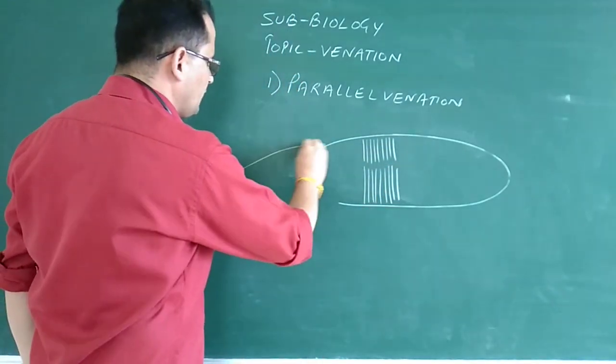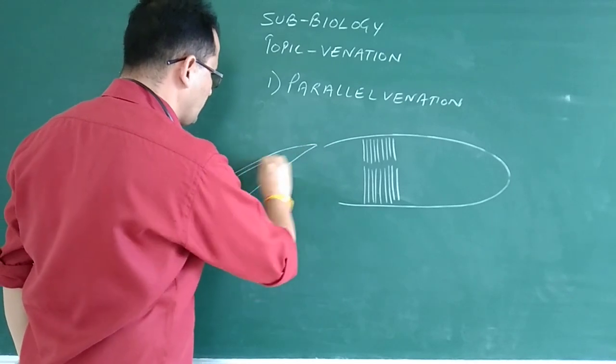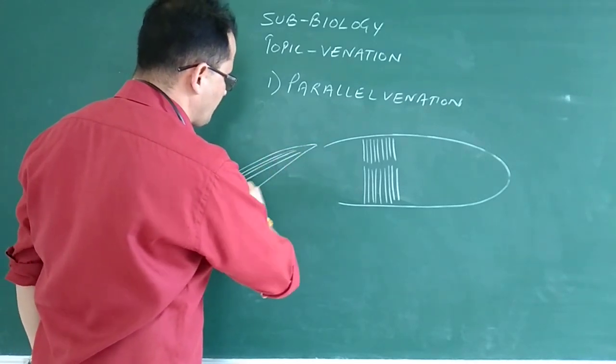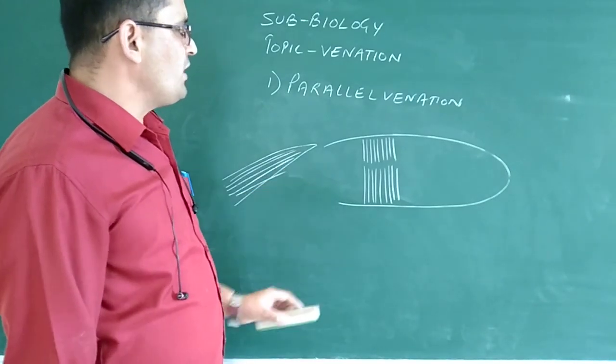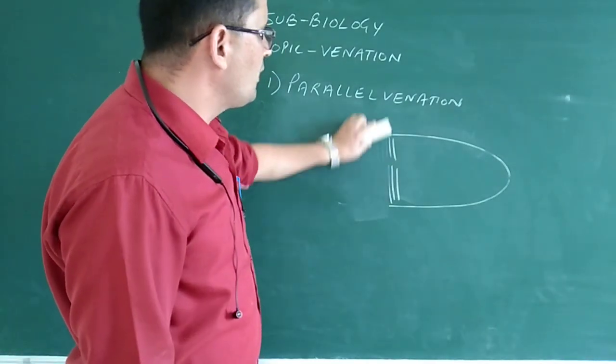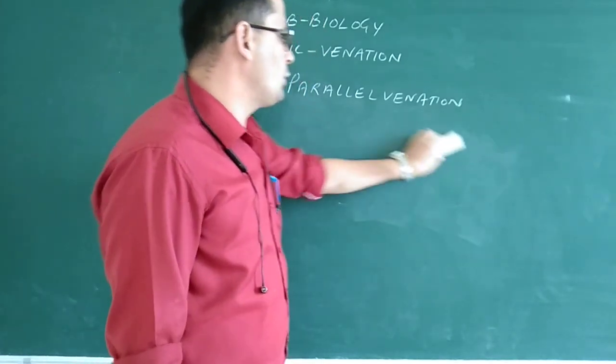You have seen the leaf of the maize, you can see this type of venation, these lines are parallel, they are not intersecting each other. So parallel venation is the type of venation in which veins are parallel to each other.